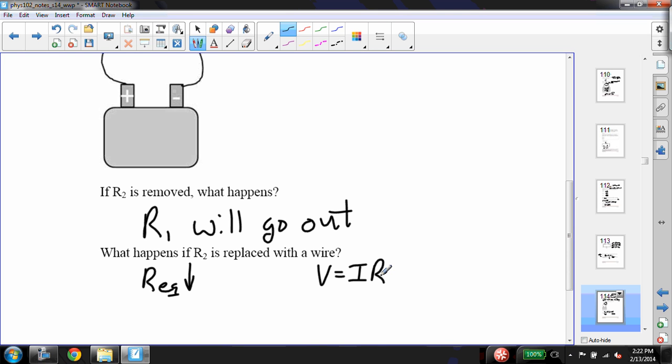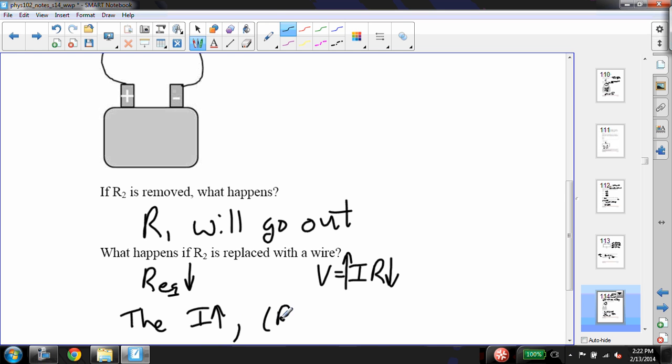If I now have less resistance to the flow of electricity, then I'm going to have a greater flow of electricity. I can see that mathematically as well, since V is equal to IR. If R goes down, I goes up. So if my equivalent resistance goes down, the current increases.